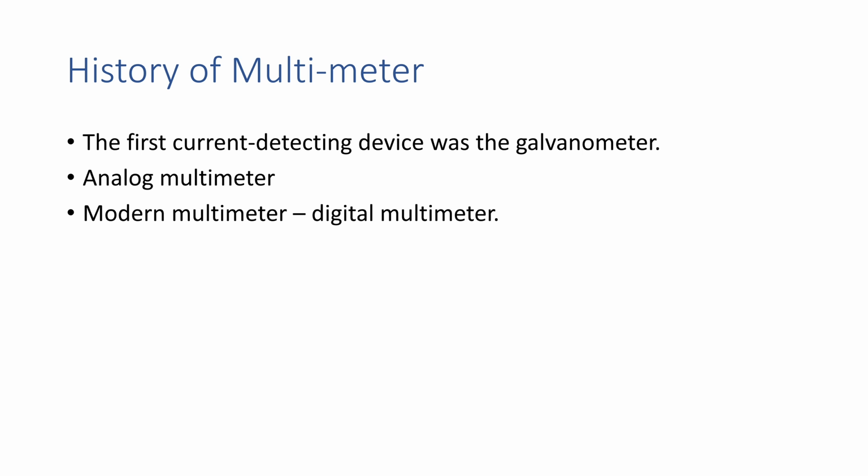But people soon find out that the analog multimeter is not quite accurate and it is hard to use, because of the zero adjustment and the accurate reading from the instrument panel. So the modern multimeter we use right now is the digital multimeter, which is the most common type of multimeter now.